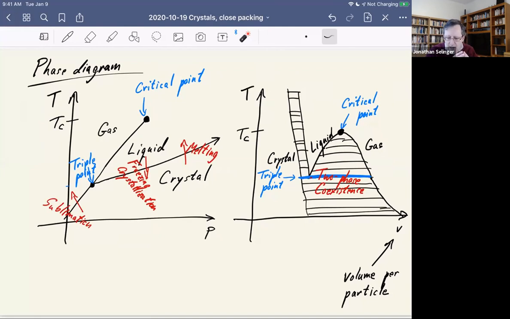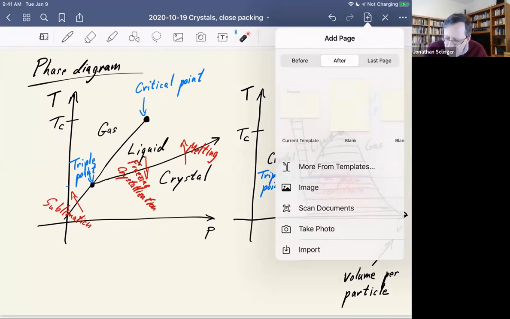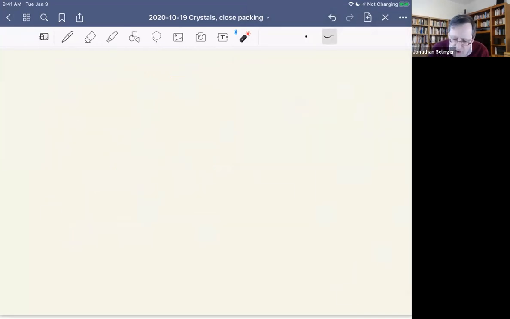Okay. That's a big subject. Now, there is one relatively simple version of that. Right? And the relatively simple version is that there are certain kinds of atoms or other particles that just tend to favor close packing.